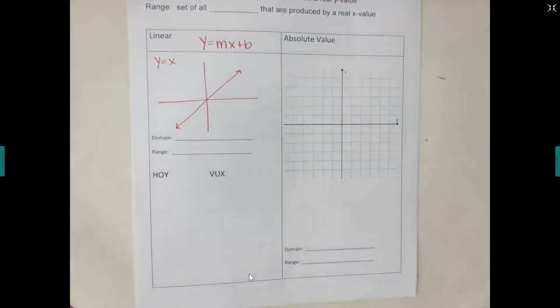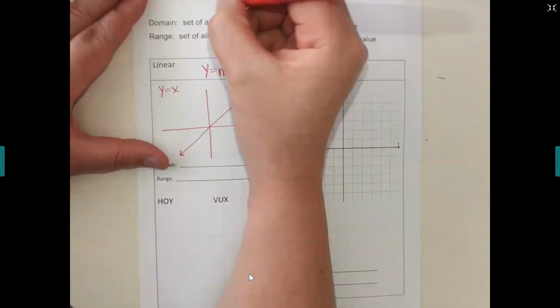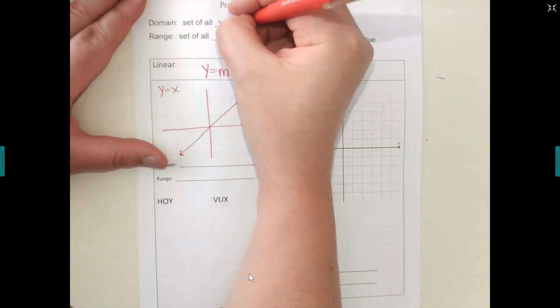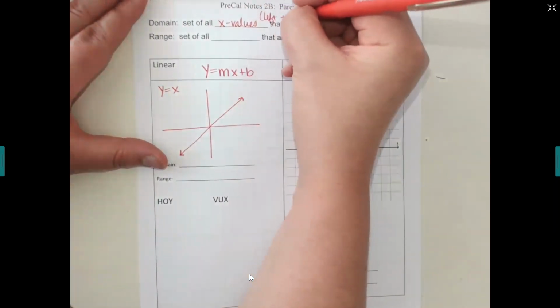Okay, then from there, I want you to think back to when you were in Algebra 1, Algebra 2. Domain, you're measuring all of the possible what? X's or Y's? Domain is going to be all of your possible X values, and you're going to be measuring on the graph left to right.